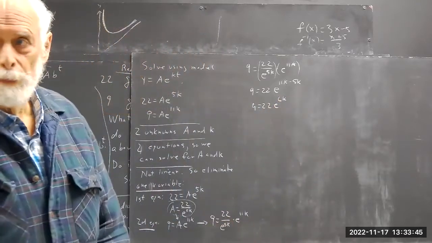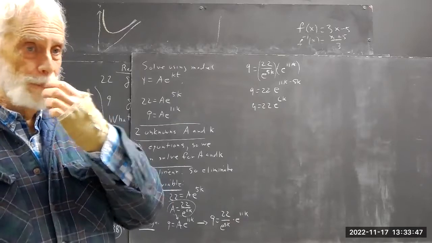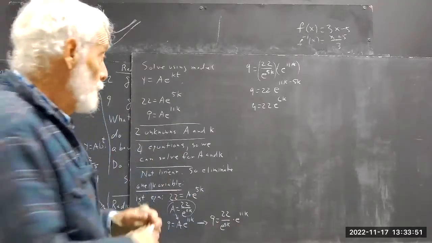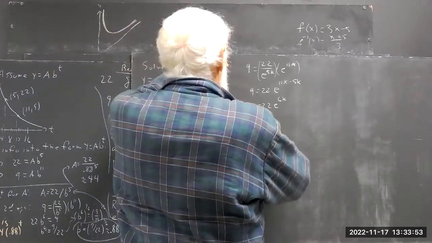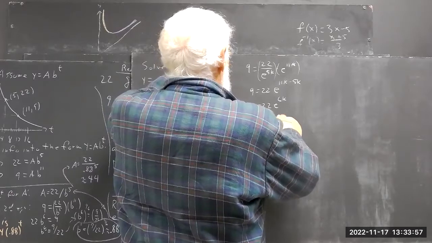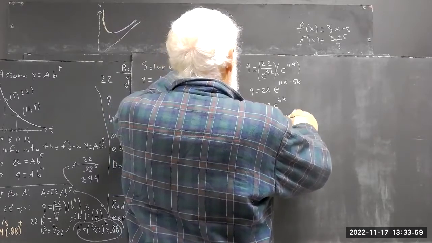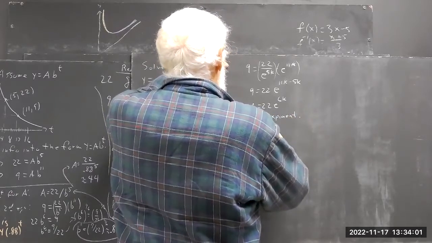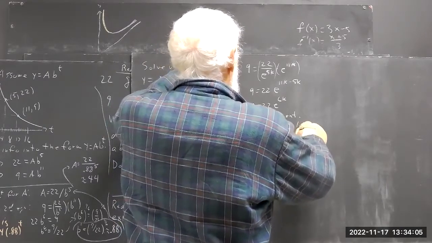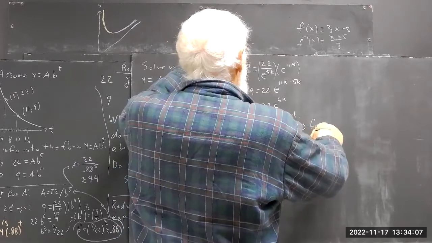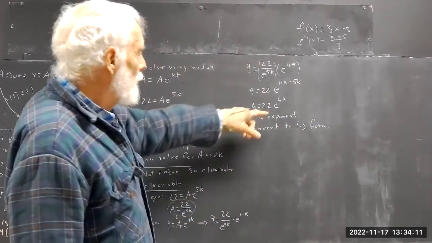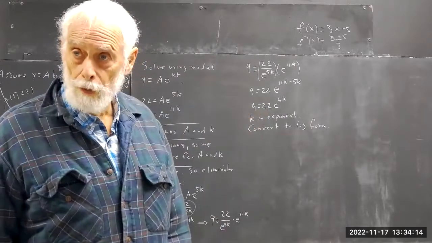Well, now this is a logarithmic equation. I mean, an exponential equation. We're going to convert it to logarithm because k is in the exponent. Convert to the logarithmic form, but we're not yet ready to convert this to the logarithmic form.